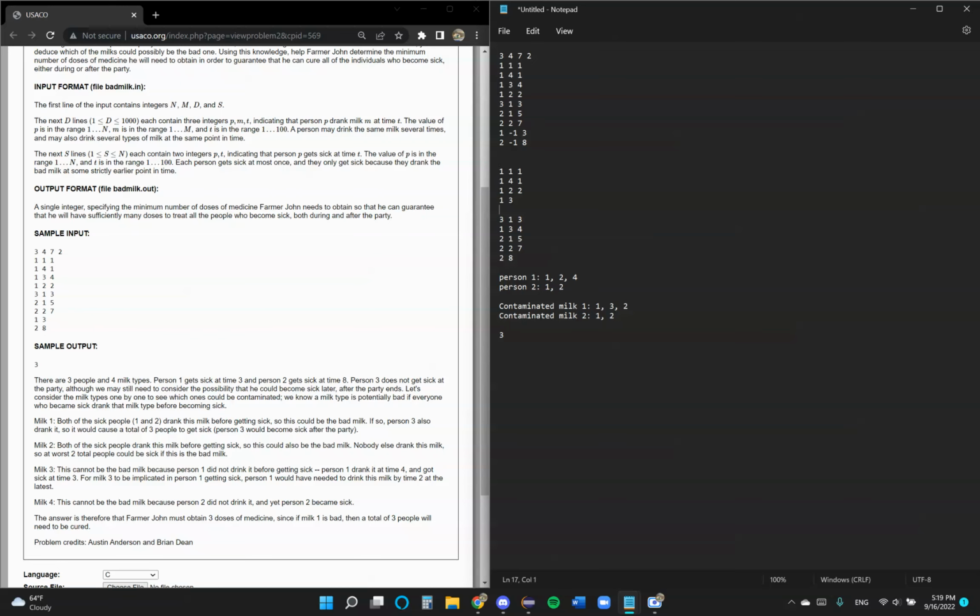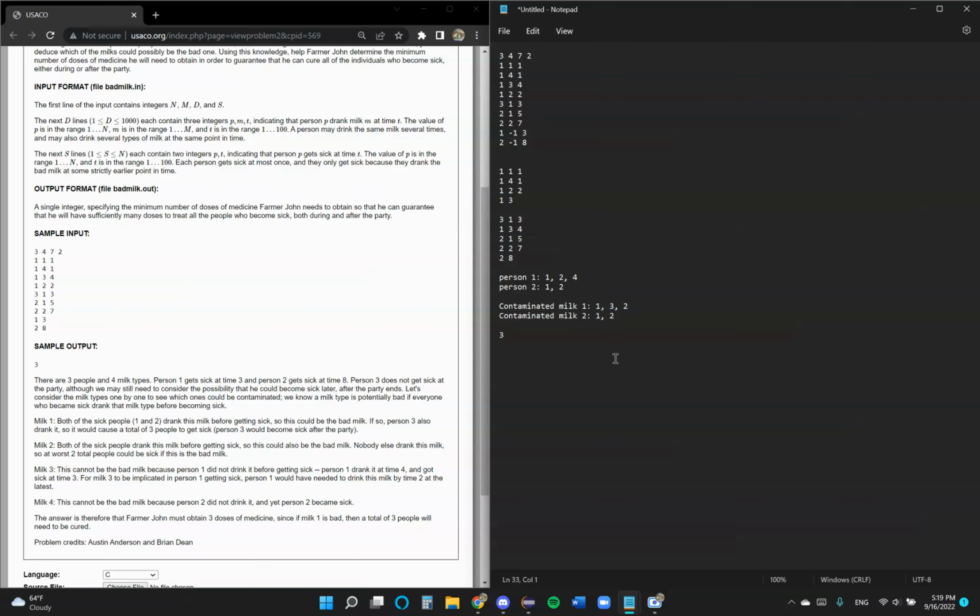And we're also going to need to get all of these values, and then at one point, after sorting them, we're going to have to check which people are actually drinking what milk. We're going to have to store that in some kind of two-dimensional array so that we get to know what type of people actually drink which milk, so that we can count how many people drink each contaminated milk at the end.